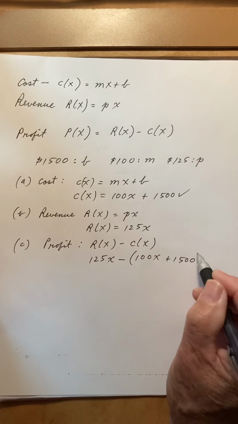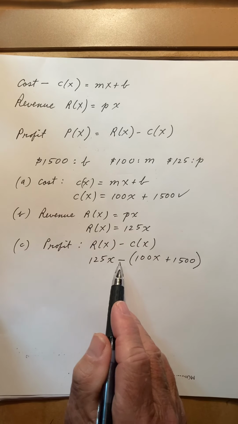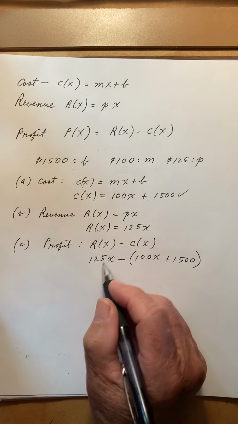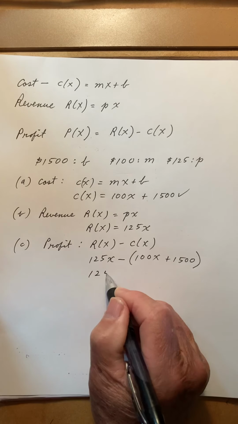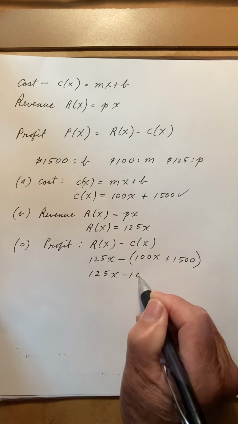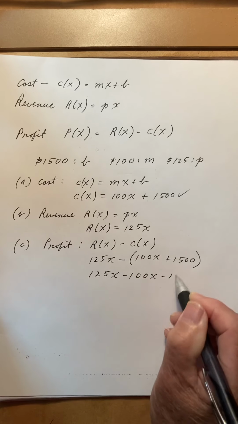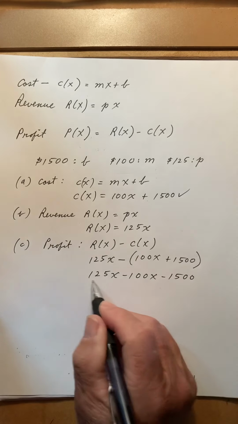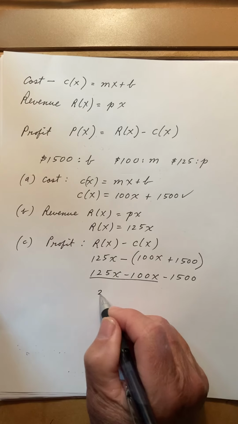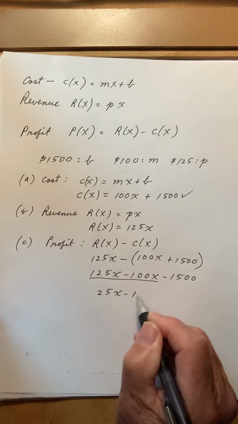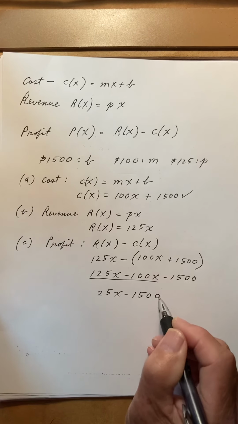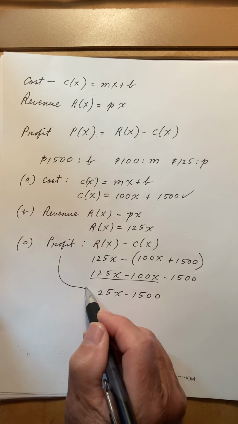We need to put that in parentheses because there's a minus here and that'll change the signs. We can simplify this to 125X minus 100X minus 1,500. Combine these two and we get 25X minus 1,500, and that's your profit function.